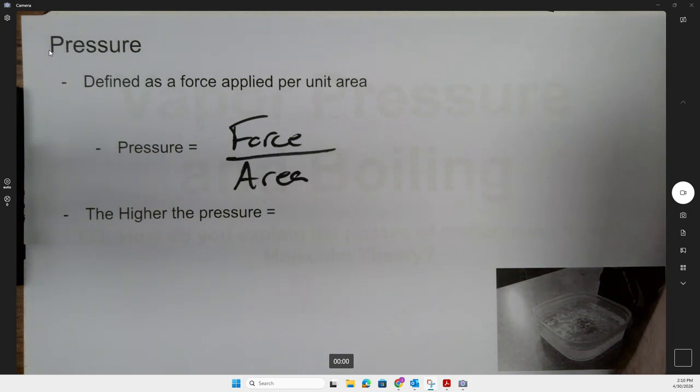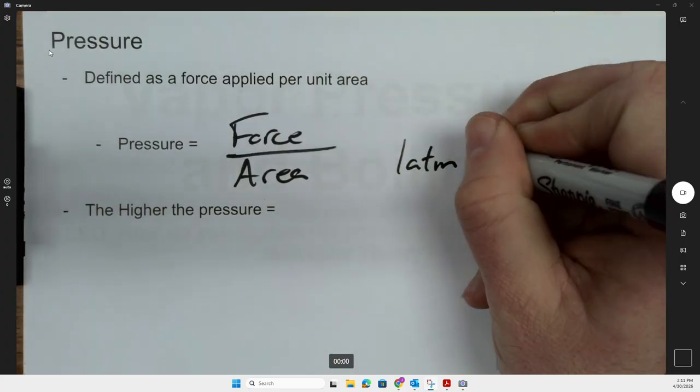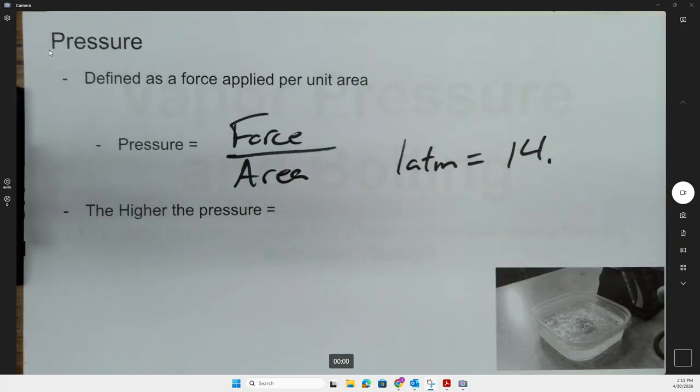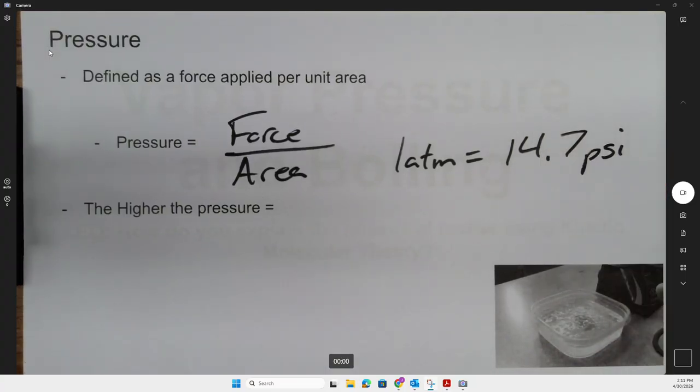I told you that 1 atmosphere equaled 14.2 pounds of pressure. Now, unfortunately, Mr. Wiseman made a small clerical error. It's not 14.2, it's 14.7 PSI. PSI standing for pounds per square inch.